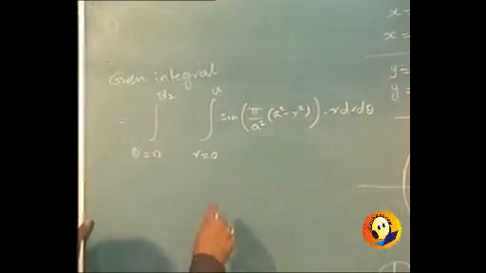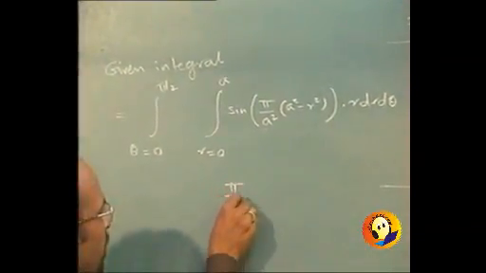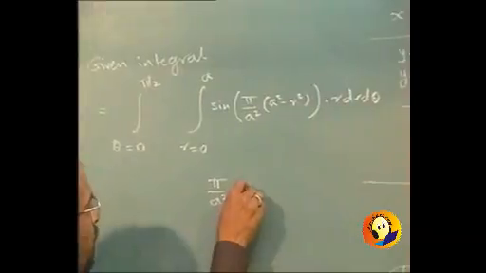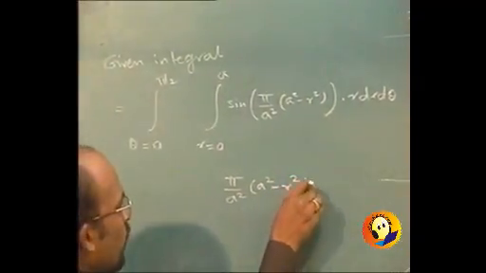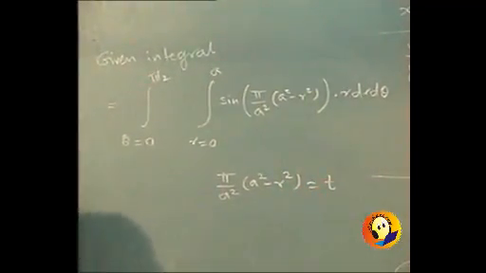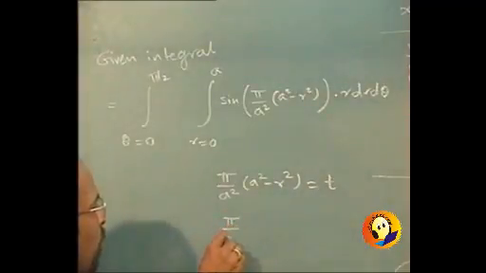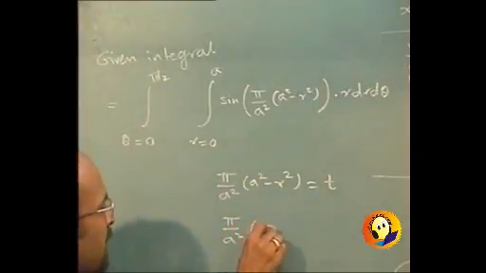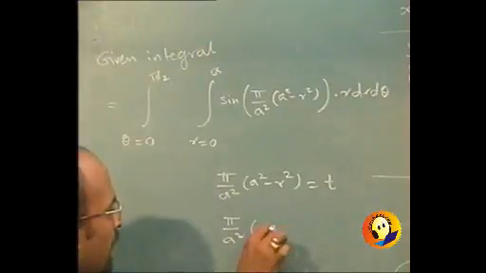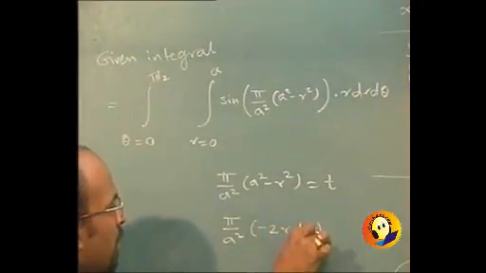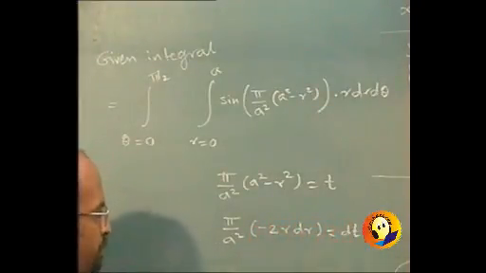If we go for a substitution, that is pi upon a square into bracket a square minus r square is equal to t temporarily, then after differentiating the left hand side with respect to r, we get pi upon a square into bracket minus 2r dr is equal to dt.